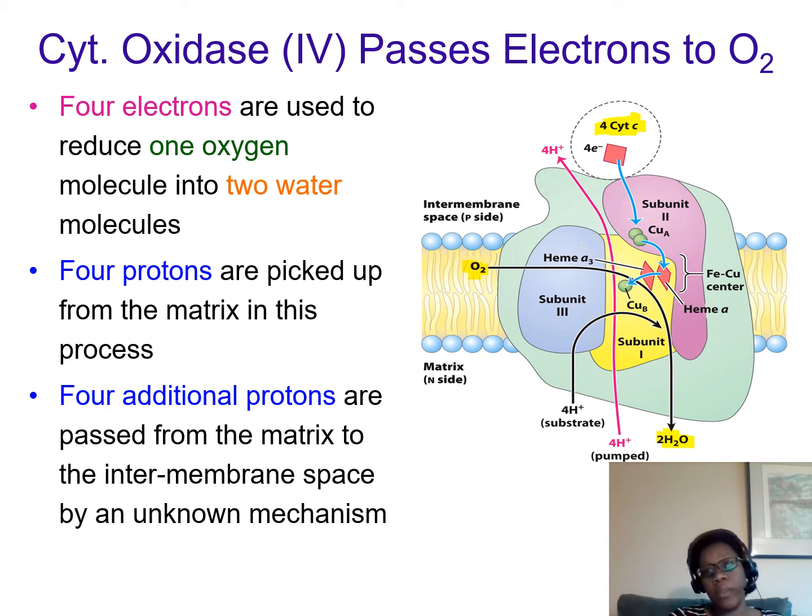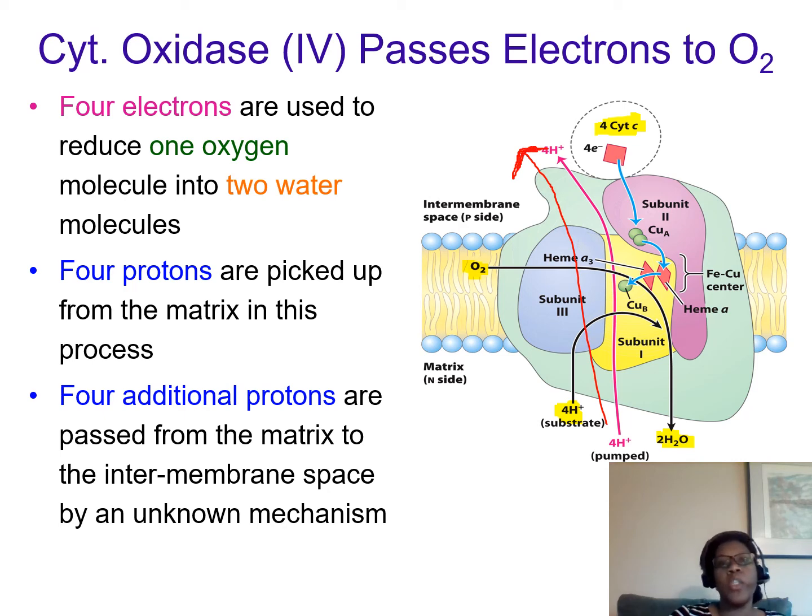But of course, 2 water molecules also have hydrogen in them, so we pick up 4 protons. There's a lot of protons sitting around. They pick up 4 protons from the matrix. So now we're reducing even more the amount of protons, so the inside is getting even more negative. Additionally, by some mechanism no one knows, there are 4 protons pumped into the intermembrane space.